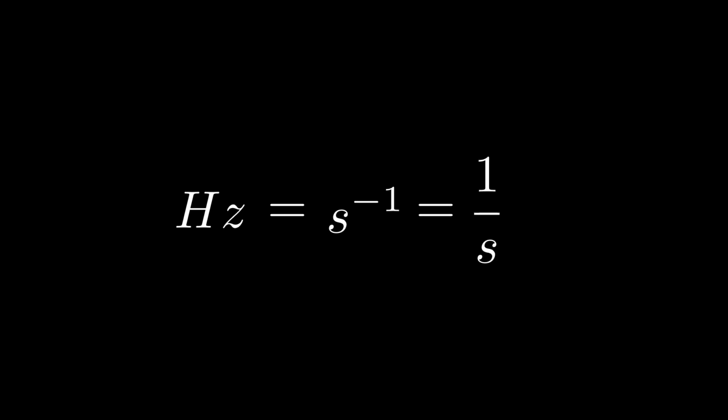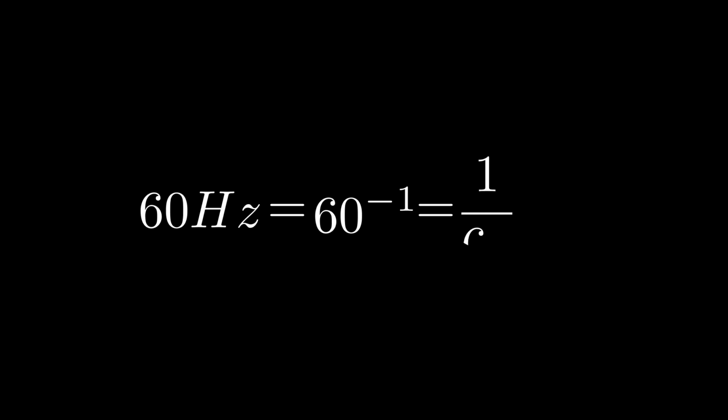Also, if the first variable in something is to a negative exponent, the whole thing is then divided. For example, hertz. Hertz is cycles per second, how many times something happens per second, or seconds to the negative 1, which is the same as 1 divided per second. So 60 hertz would be 60 times per second, because one cycle happens every 60th of a second.